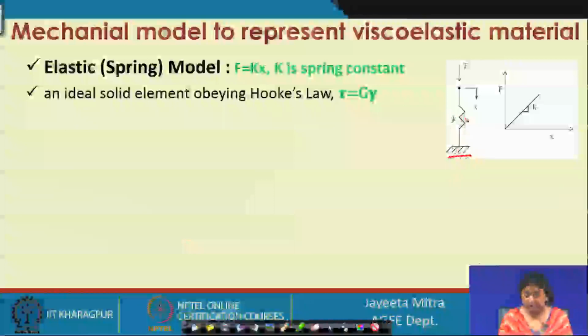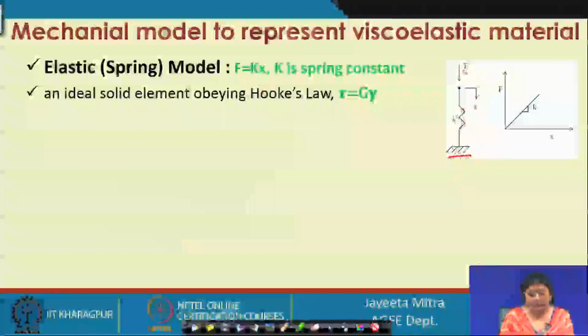When a constant force F is applied to a spring, it expands and the deformation x is related to the applied force as F equal to k x, where k is the spring constant, which is almost equivalent to elasticity.